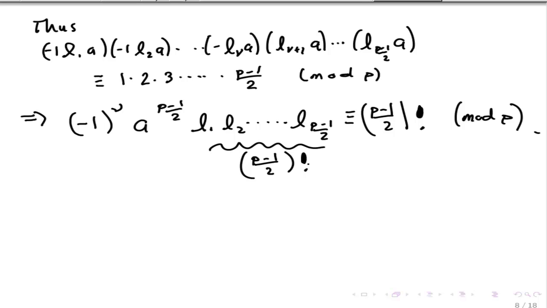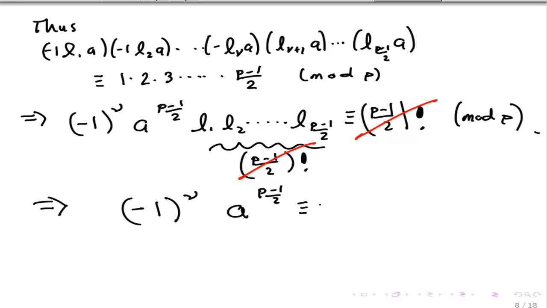Aha! We can now cancel ((p-1)/2) factorial, since it'll be relatively prime to p on both sides. So I cancel this, and I cancel that, and I'm just left with (-1) to the ν power times a to the (p-1)/2 is congruent to 1 mod p. But now the Euler criterion tells us, aha, this is the Legendre symbol.